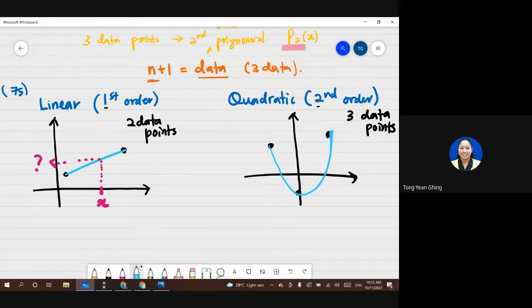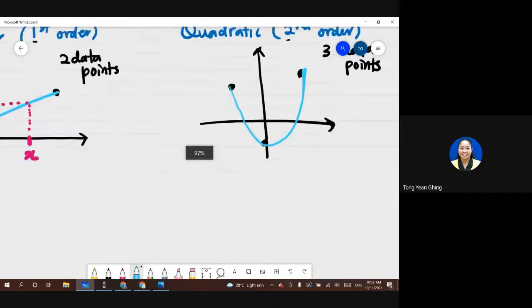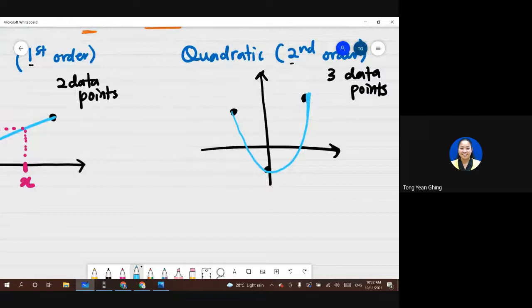Okay, so maybe we want to find one of the values along this polynomial. For example, here, let's say we want to find the value of this one.